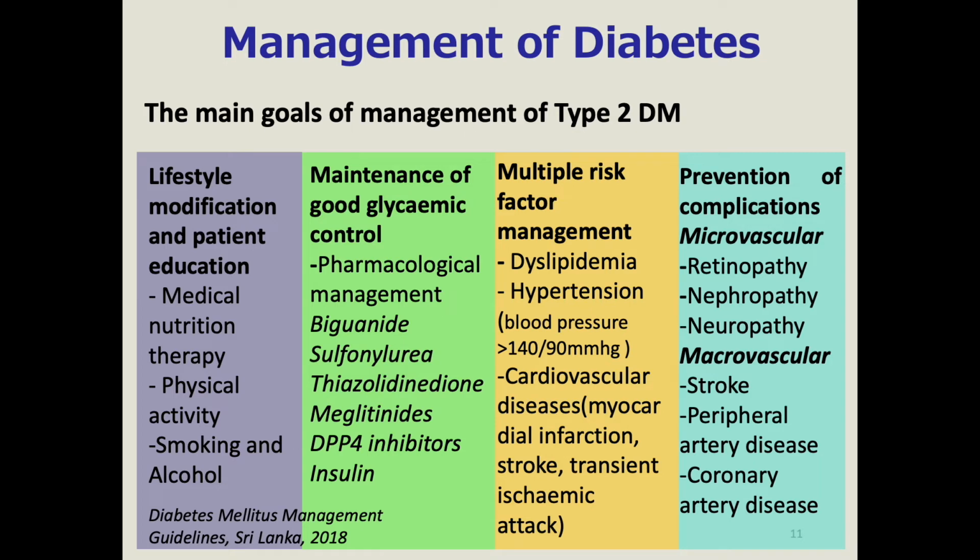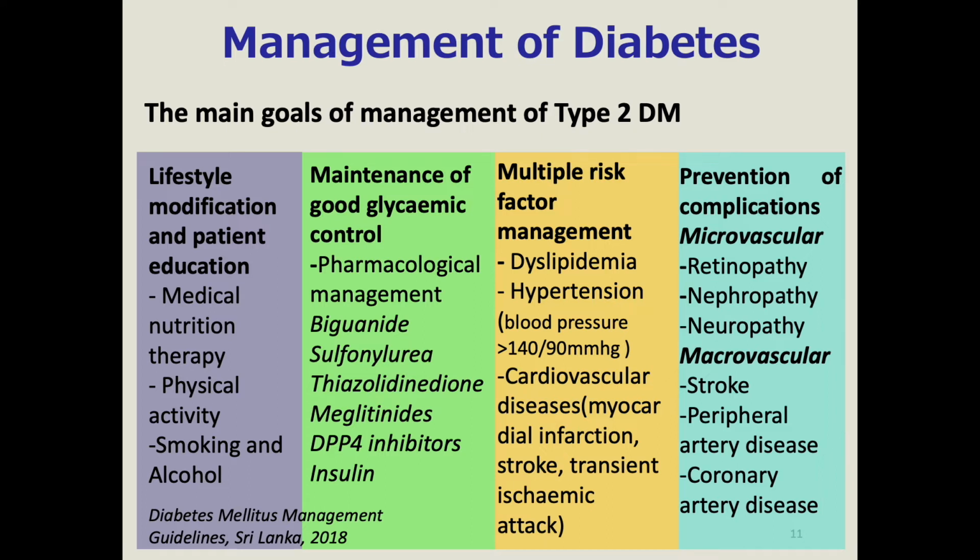There are 4 main goals of management of type 2 diabetes mellitus. They are lifestyle modification and patient education, maintenance of good glycemic control, multiple risk factor management, and prevention of complications. Lifestyle modification is the key foundation for the better management of diabetes.